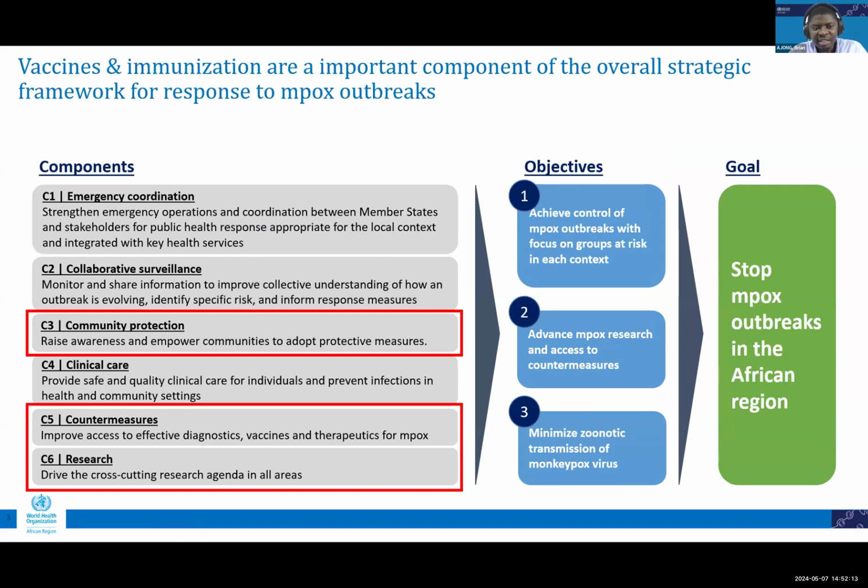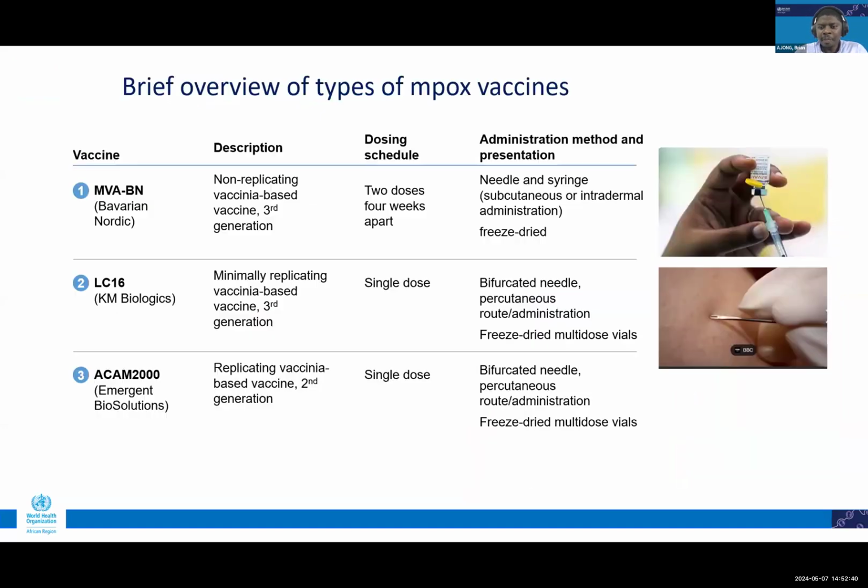First is ensuring that we can raise awareness and empower communities to adopt protective measures, including vaccination, improving access to diagnostics, vaccines, and therapeutics for mpox, and driving cross-cutting research agendas, including research on how best vaccines can be used to stop the chain of transmission.